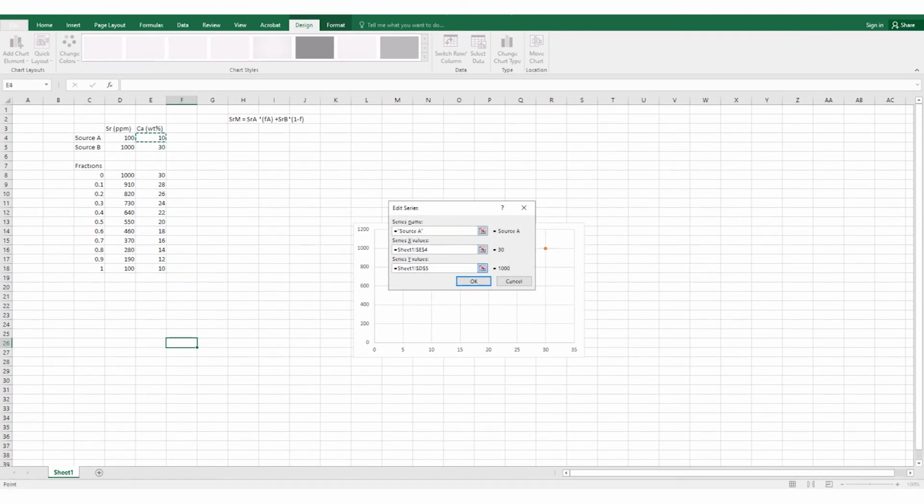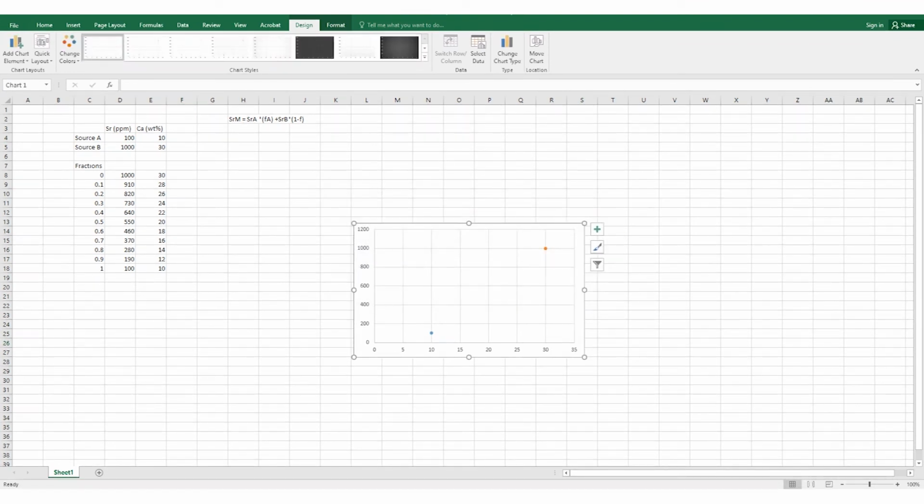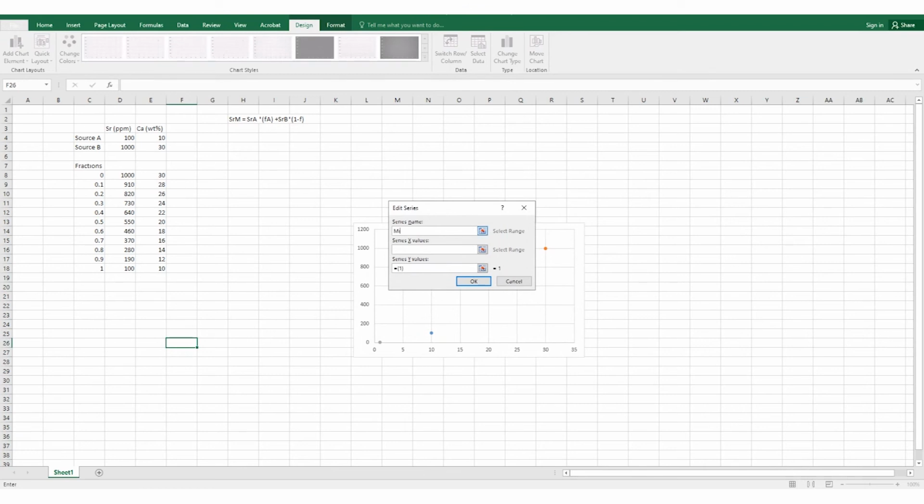I made a mistake here, so I am correcting it. This is strontium A. Alright, so these are the two sources. This is source A, this is source B, and let us plot the mixing trend. Select data, add. We are plotting the mixture values varying with fractions.